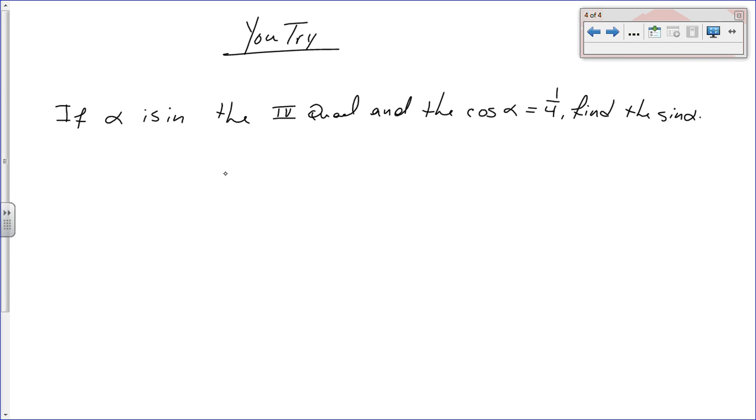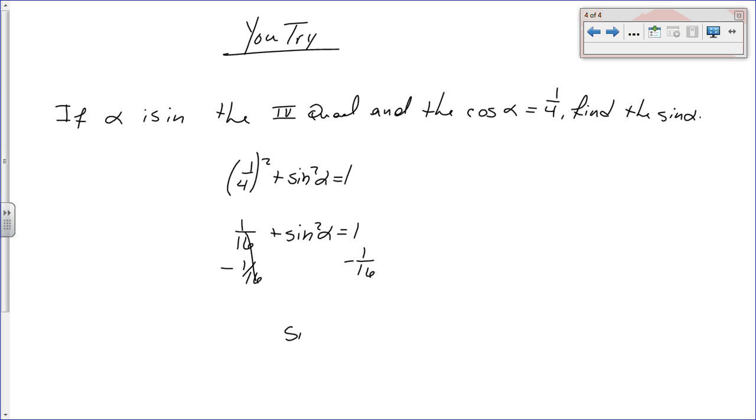All right, so let's get this going. The cosine of alpha is 1/4, so 1/4 squared plus sine squared alpha equals 1. So 1/4 squared is 1/16, plus sine squared alpha equals 1. Subtract the 1/16 from both sides. So now sine squared alpha equals 15/16. Now take the square root.